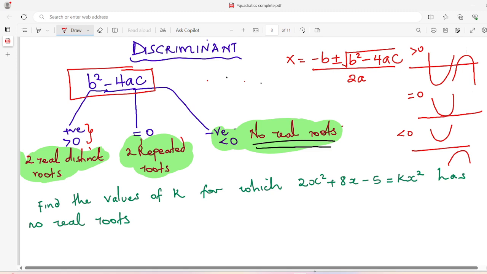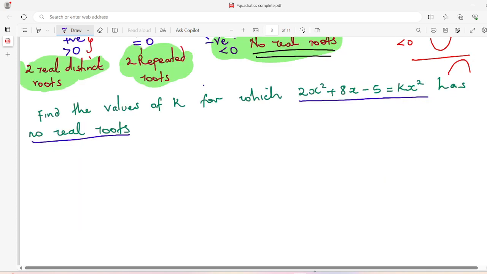So let's work out this question. What does it say? It says, find the values of k for which our quadratic equation, equaling kx squared, has no real solution. So you must remember the discriminant for no real solution. If we have no real solution, it means that we shall use the discriminant b squared minus 4ac less than 0. Before we use this discriminant, we need to first see, remember we use the discriminant on a quadratic equation.